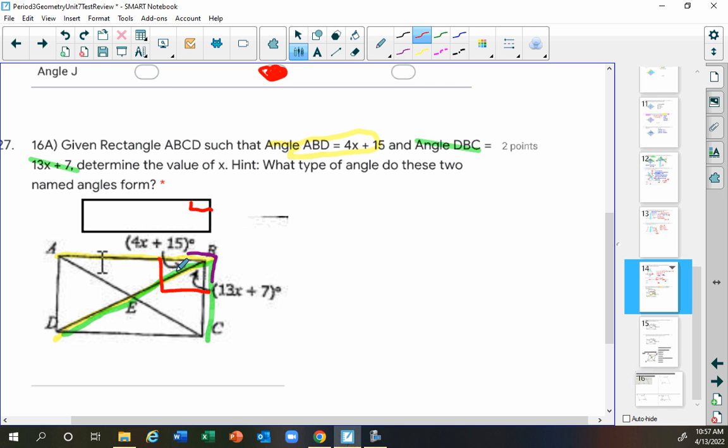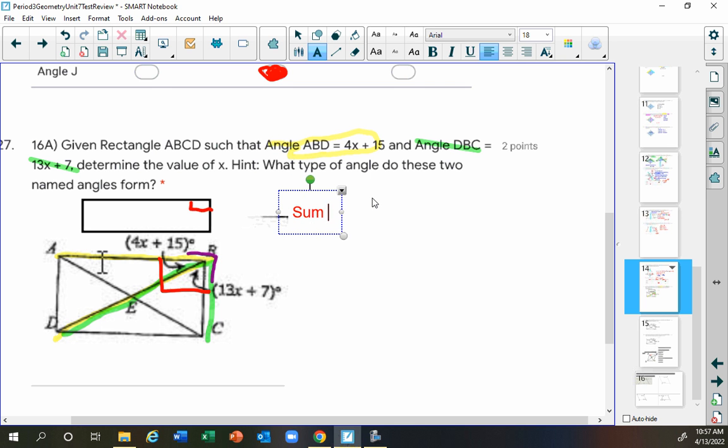So what must the sum of these two angles add up to be? 90. Very good, Alex. That's a right angle. Sum of the two angles is 90 degrees.